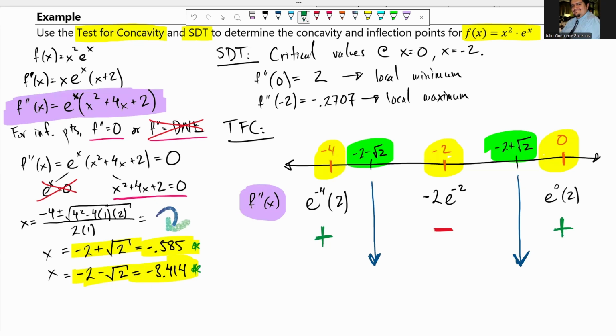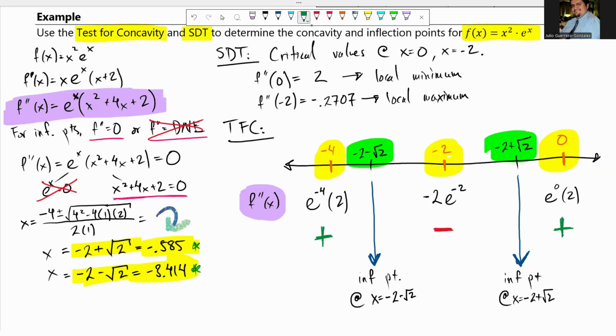Everything before this first inflection point, x equals -2 minus root 2, and the second, x equals -2 plus root 2.